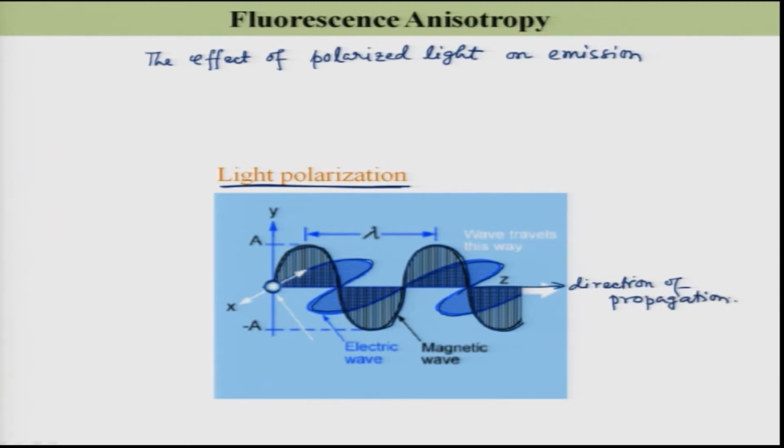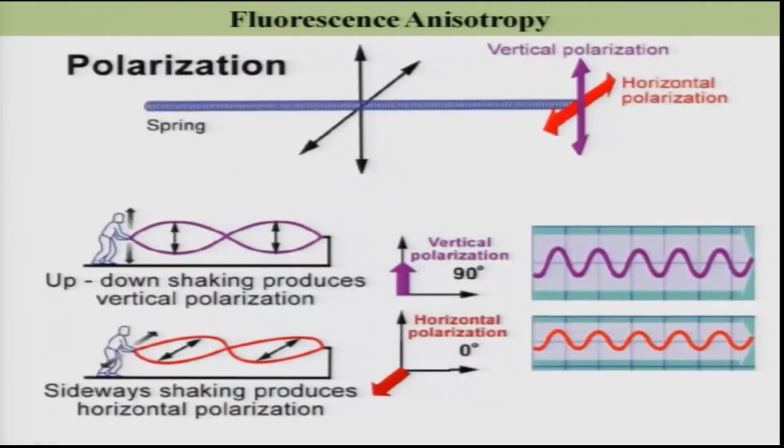Now, normal light can be represented as the electric field oscillating in all directions. Here is a spring, and I am oscillating this spring in the vertical direction. You can also oscillate the spring in the horizontal direction.